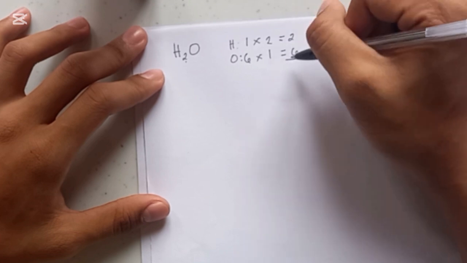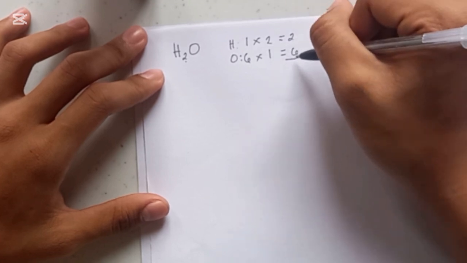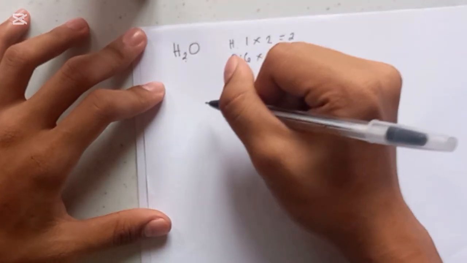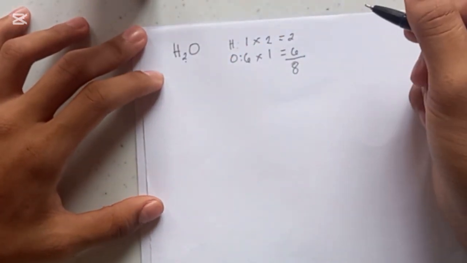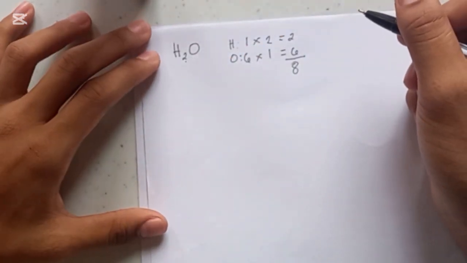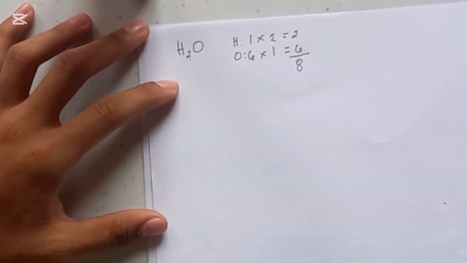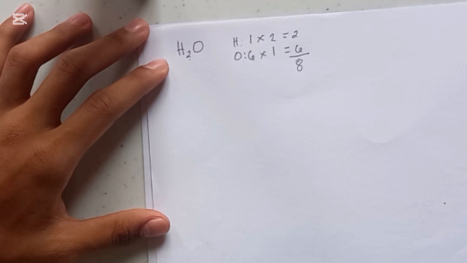Now, total the number of electrons. 2 plus 6 equals 8. Now for step 2. Look for the central atom, the atom with the highest covalency number. Going back to our table, the element that has the highest covalency number is oxygen, because it can form 2 bonds, whereas hydrogen can only form 1 bond.